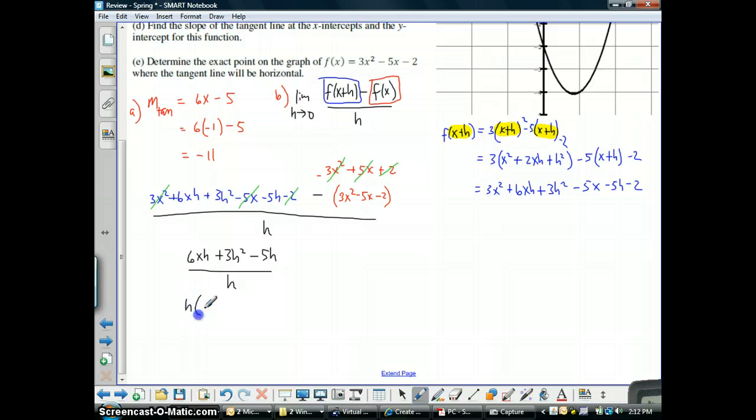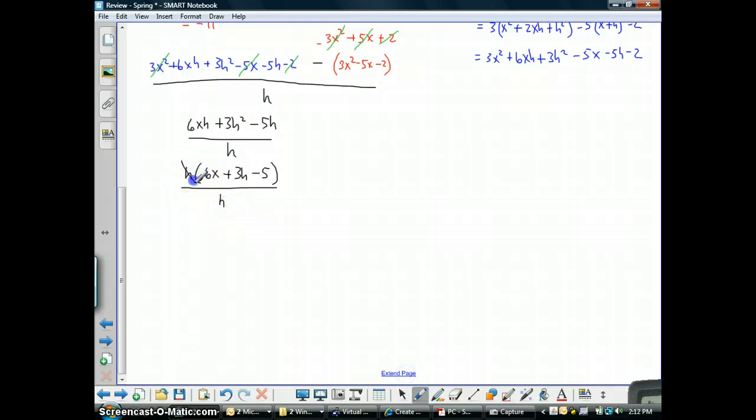Factor out an h, and you're left with h times (6x plus 3h minus 5), all divided by h. At that point, it's safe to cancel the h's, and I'm left with 6x plus 3h minus 5.